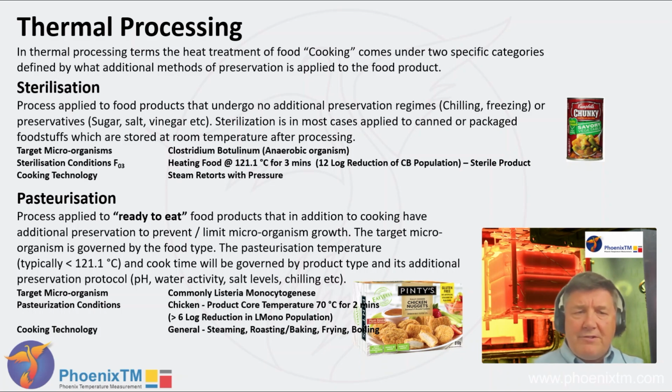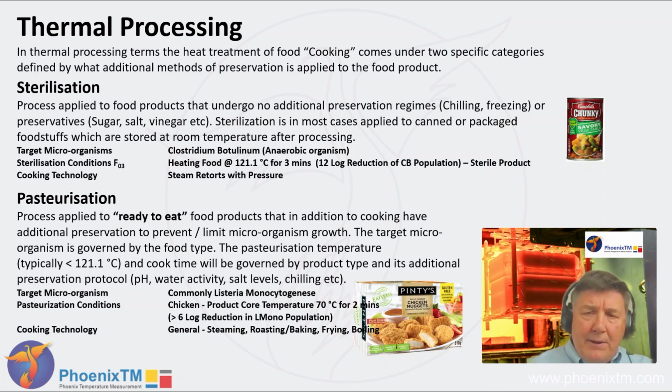For pasteurization, when we're looking at the microorganisms of interest, they will vary from product to product, and the pasteurization conditions, i.e. the cook temperature, the time of cook, etc., required for that pasteurization will be governed by the product itself.